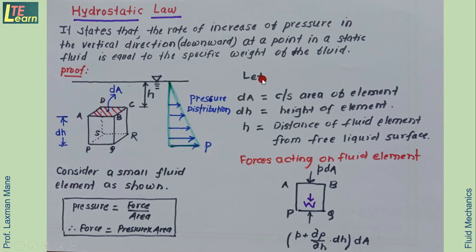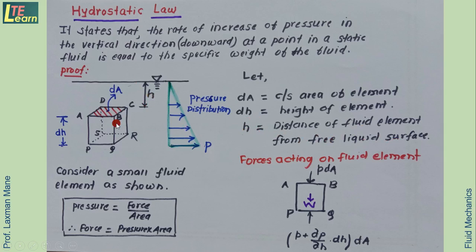Now here are some parameters or dimensions. This is a small fluid element, that's why this shaded portion ABCD has cross-sectional area dA and height of element dh. The distance of the fluid element from the free liquid surface is h.